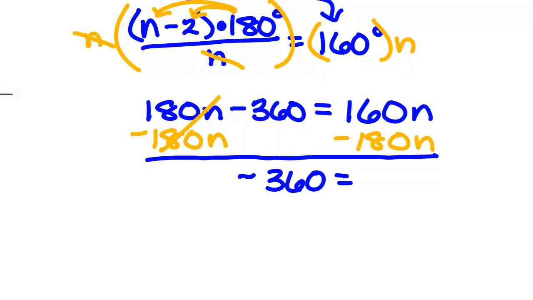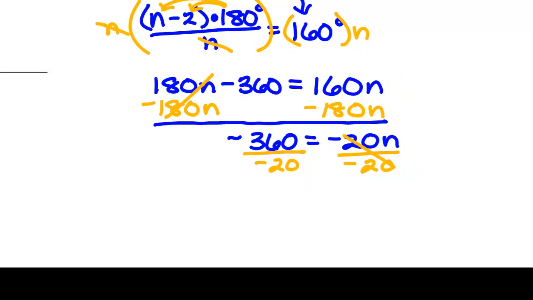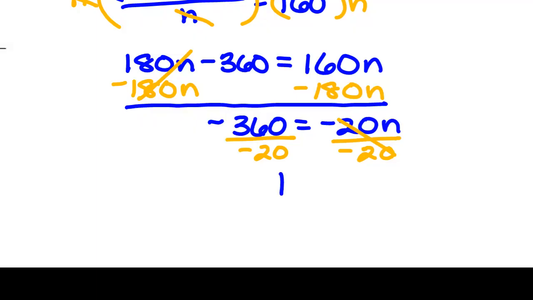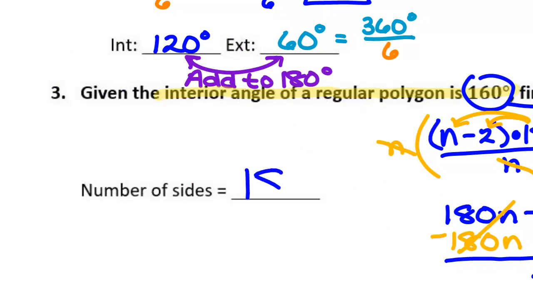Negative 360 equals negative 20n. And then you divide both sides by negative 20. Negative divided by a negative gives me a positive. I get 18 for n. So there are 18 sides.